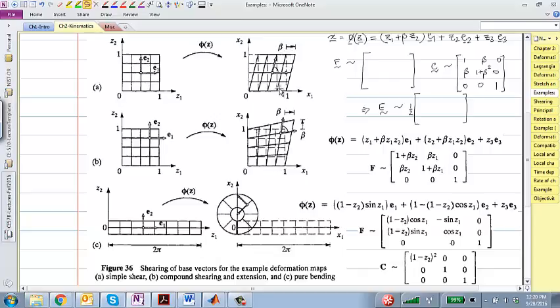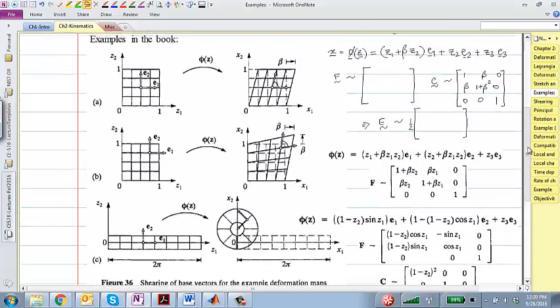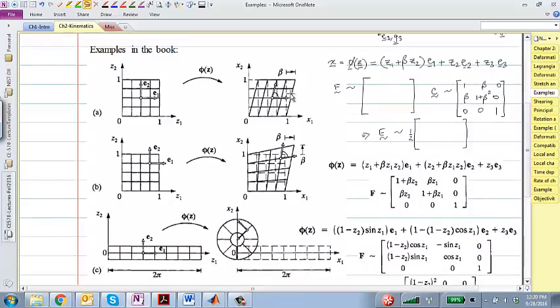A map that gives this deformation is Z1 plus beta Z2 times E1, plus Z2 E2, plus Z3 E3. So there is no deformation in the Z2 direction and the Z3 direction, which is coming out of the plane.